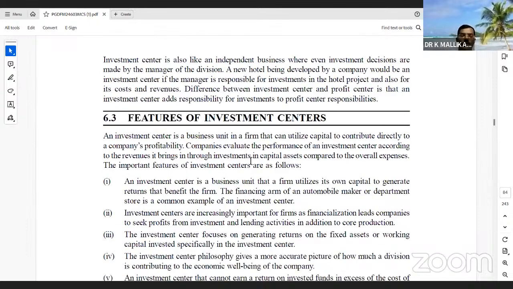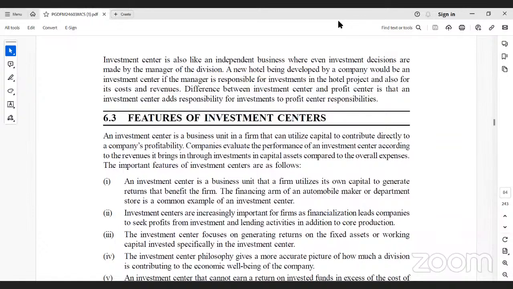So what are the features of investment center? The investment center is a business unit that a firm utilizes its own capital to generate returns.